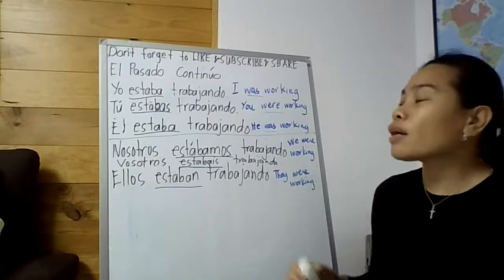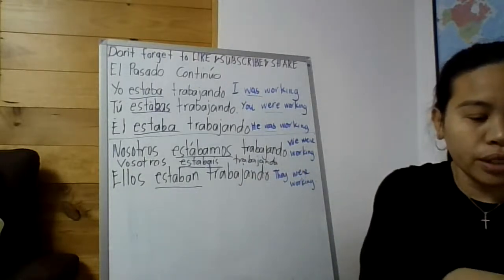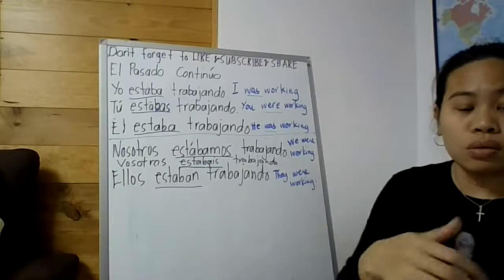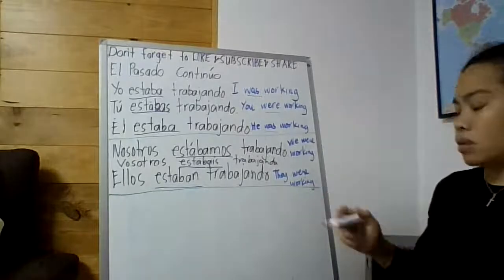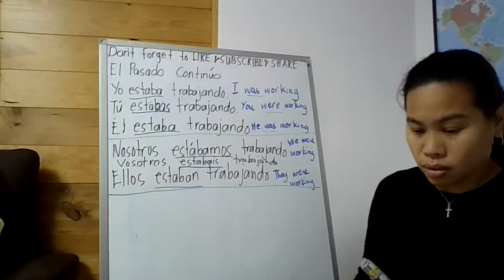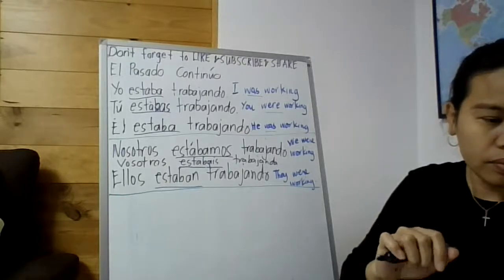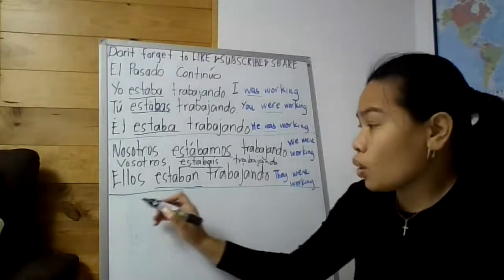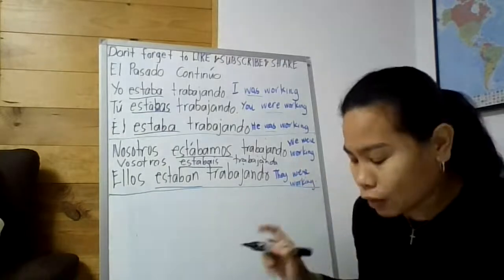Okay? So if you don't have any question about this, let's continue to the other example, or I will write the interrogative form, because normally when you ask, the interrogative form, same in English, you will just put the verb in the beginning of the sentence.